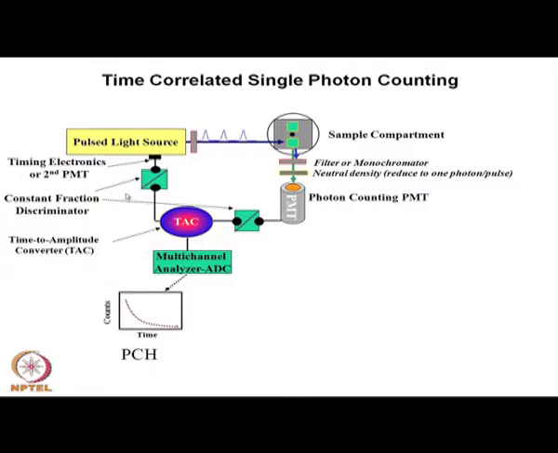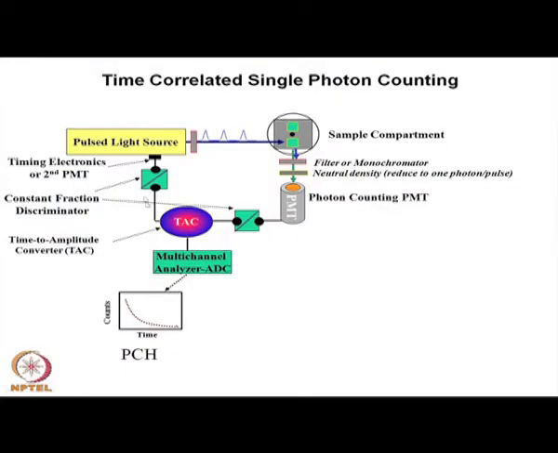So, what is the role of a discriminator? You have a special kind of discriminator called the constant fraction discriminator. A normal discriminator would just trigger when the leading edge of the input pulse reaches a definite threshold. Threshold means a minimum value. If you have a signal which is above the threshold or just touching it, it starts to operate, that means it gives a trigger to the TAC.